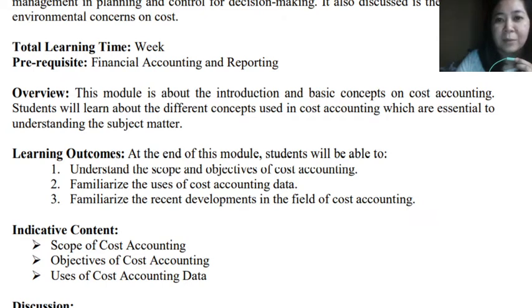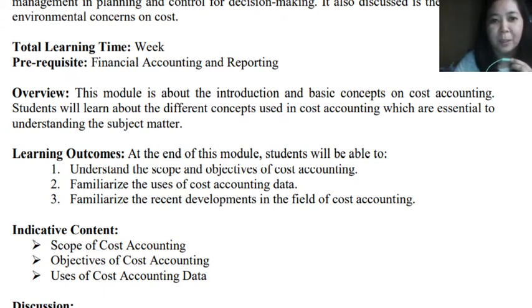At the end of this module, you will be able to understand the scope and objectives of cost accounting, and you will also be familiarized with the uses of cost accounting data as well as the recent developments in the field of cost accounting.